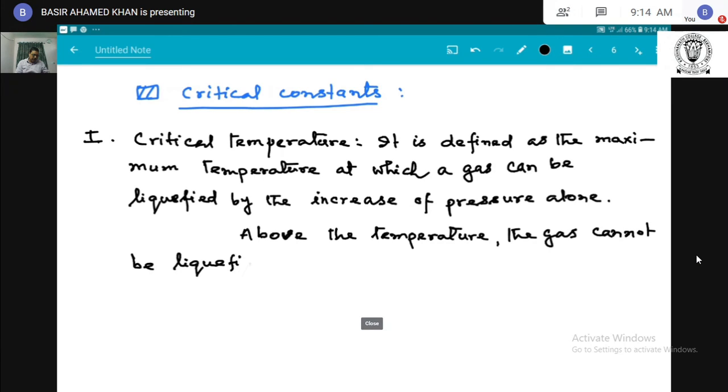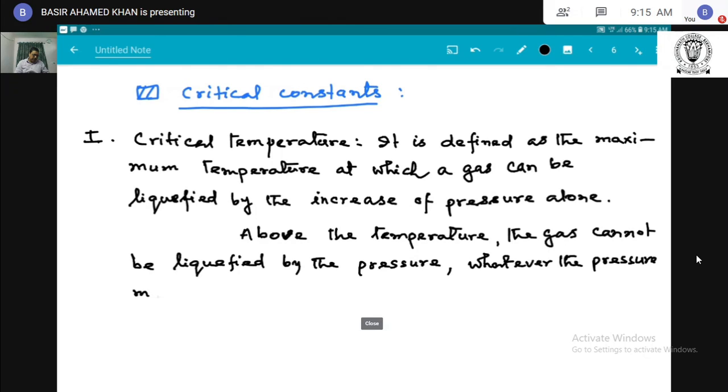The gas cannot be liquefied by the pressure, whatever the pressure may be.